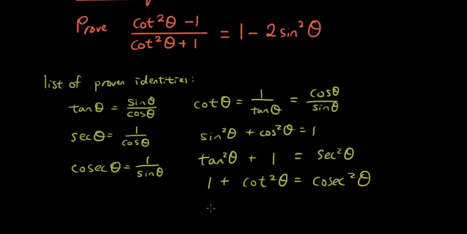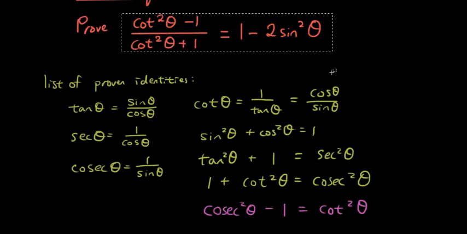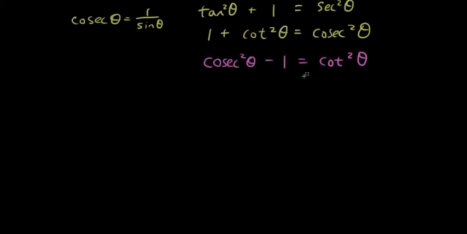So I have cosec squared theta minus 1 is equal to cotangent squared theta, right? Rearranging it to make cotangent squared theta the subject. And now I can substitute this term where cot squared theta is in the identity. So let me put that down here.